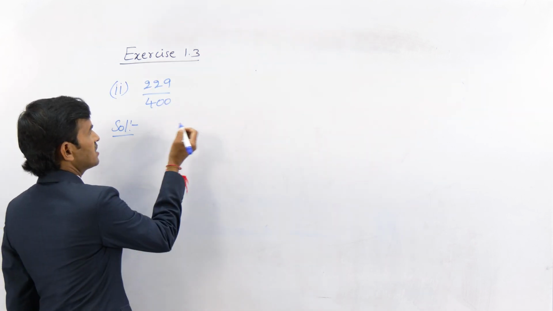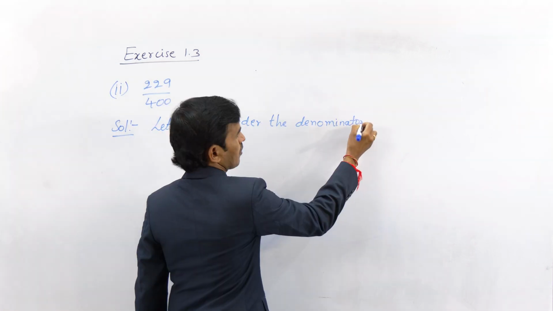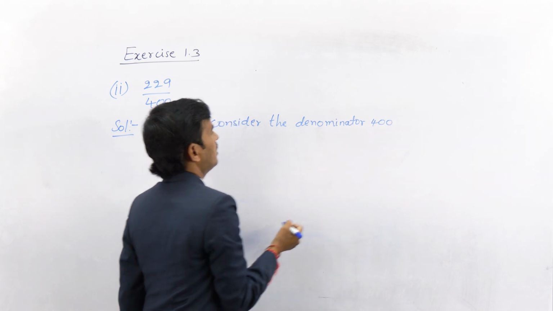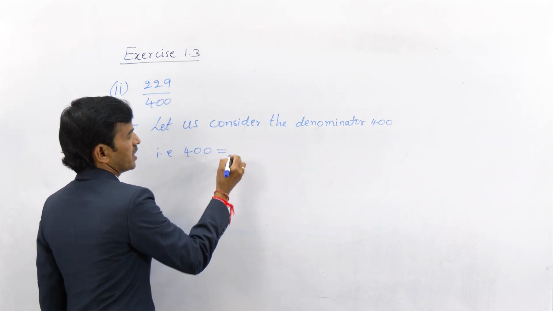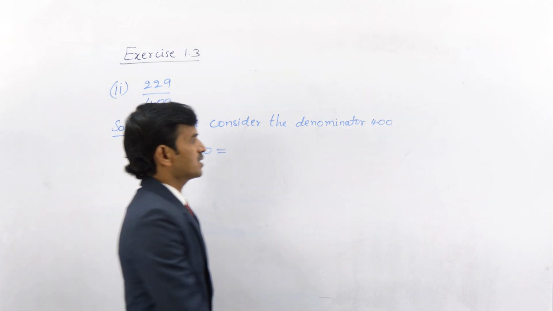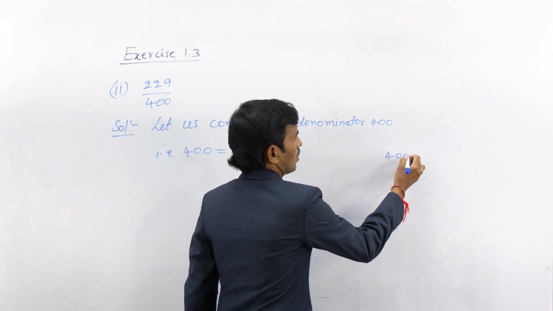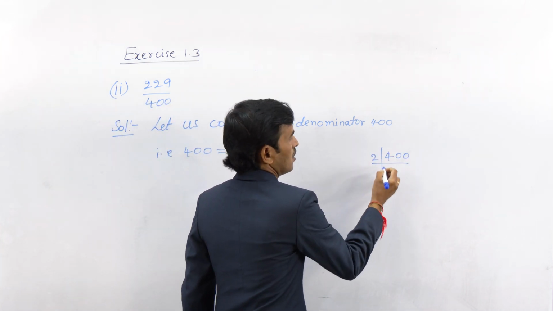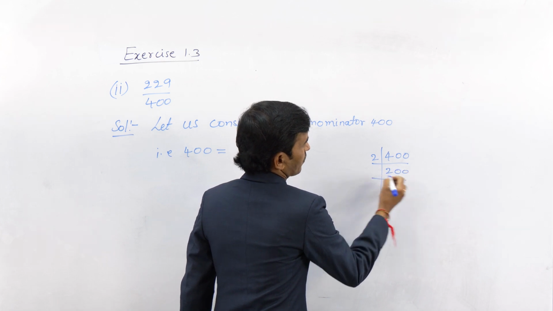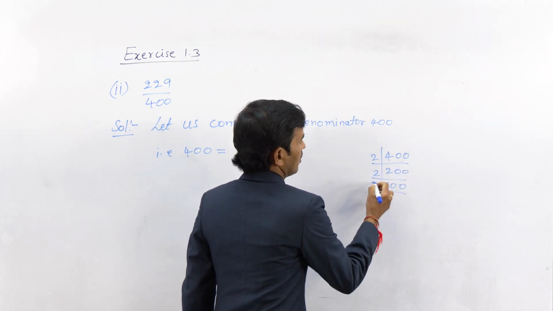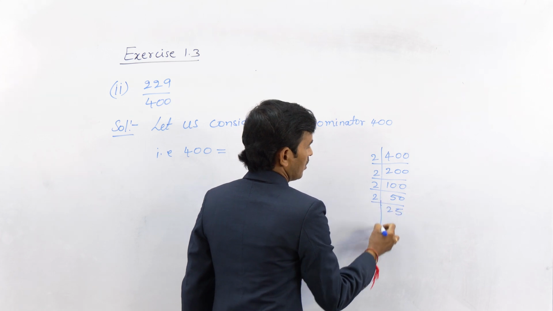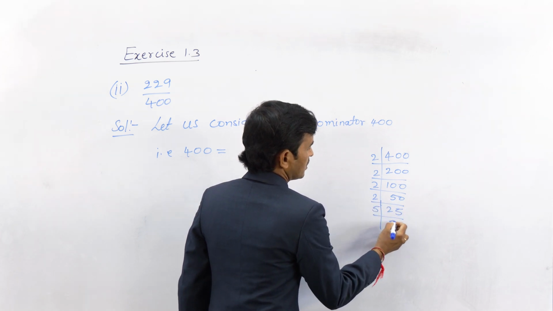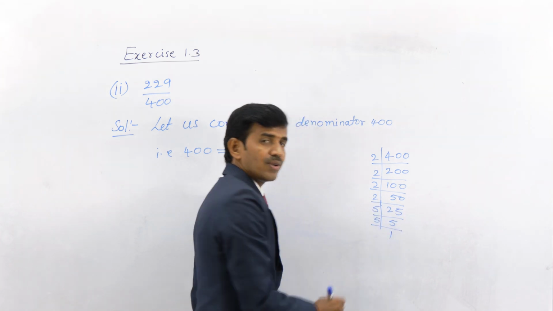Let us consider the denominator 400. 400 can be expressed as the product of its prime factors, so let us find its prime factors. 2 into 200, 2 into 100, 2 into 50, 2 into 25, next 5 fives are 25, 5 ones are 5.